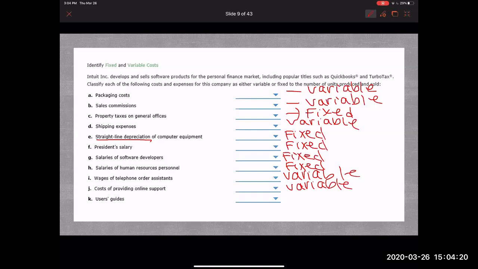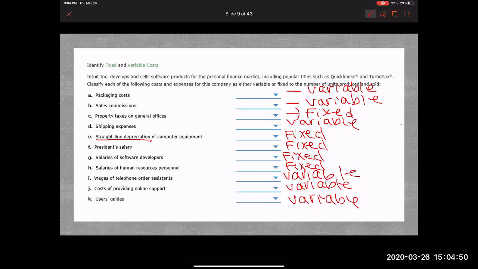The cost of the support is all the same; it just depends on how many people need it. And user guides, I'm going to say variable. That one could be wrong, but I'm okay with that. It depends on how many people need the user guides. The user guide may be a flat fee, but if you need it, that's where cost comes in.